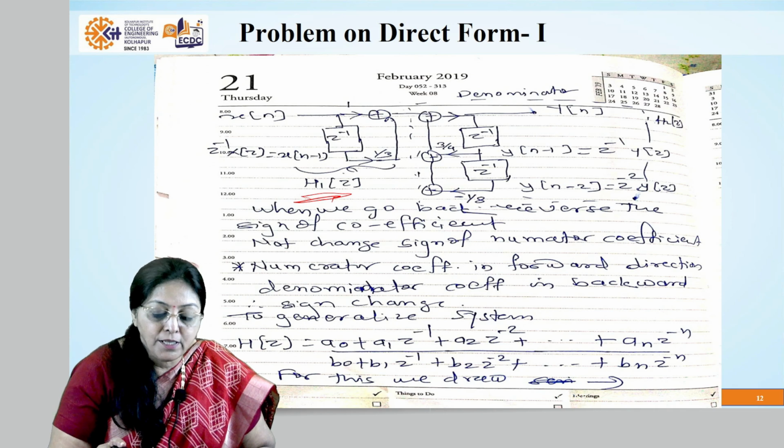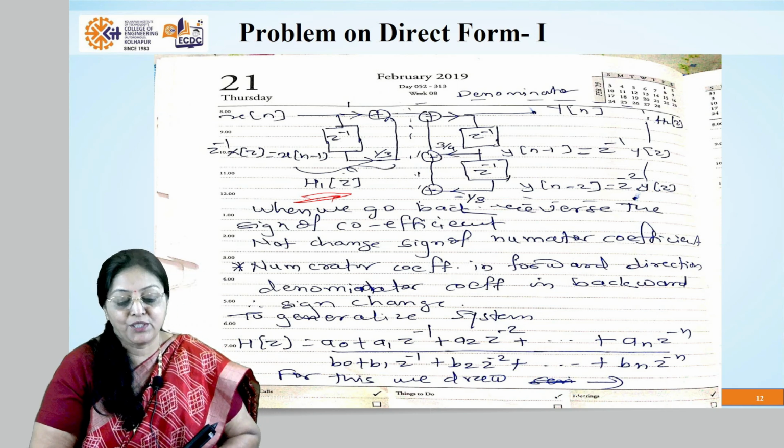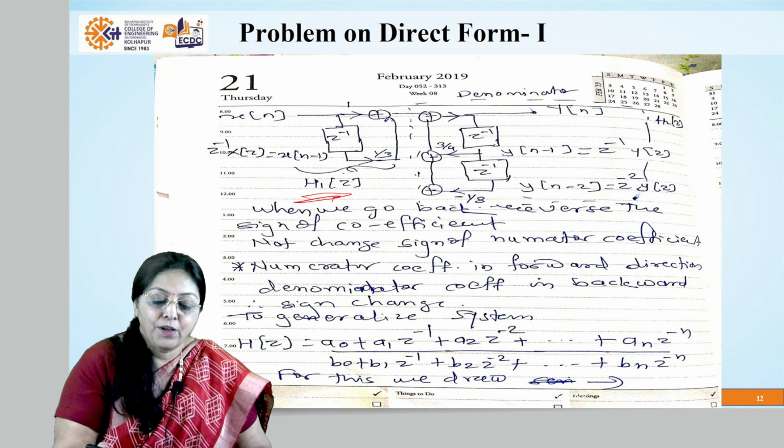So only a single delay is there, a single multiplier, 1 upon 3 is the multiplier, and x of n minus 1 is the output. So x of n minus 1, and 1 upon 3 into x of n minus 1, or 1 upon 3 into z raised to minus 1 into X(z), right?